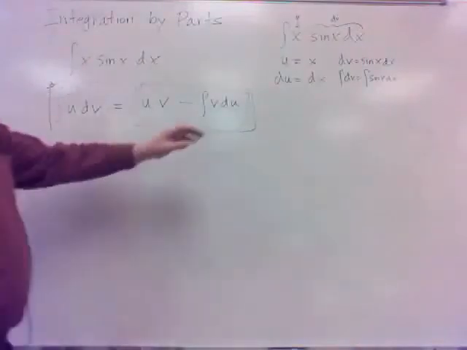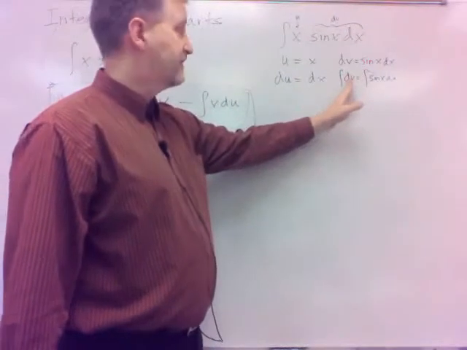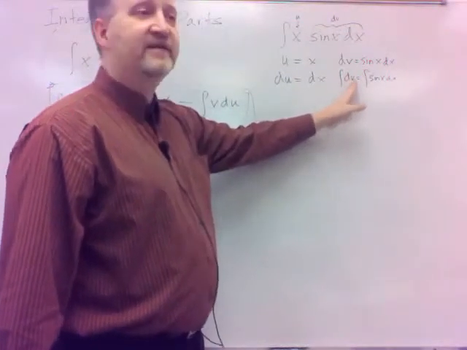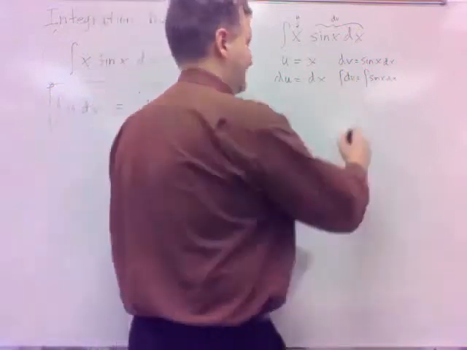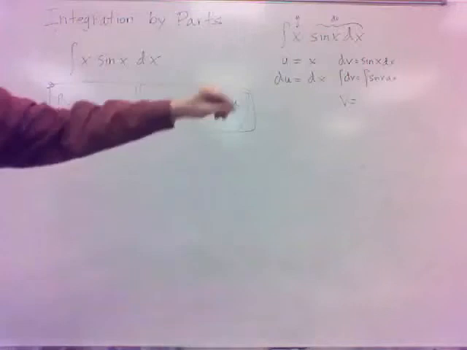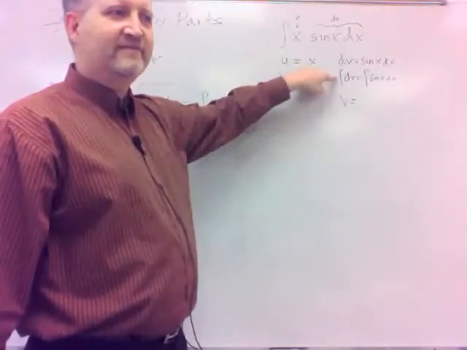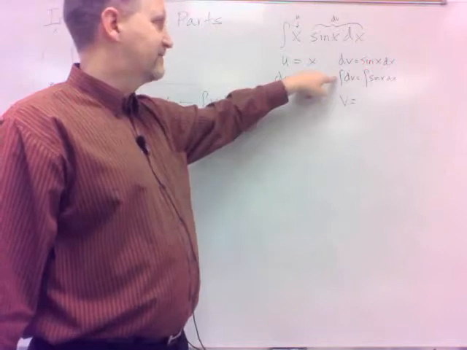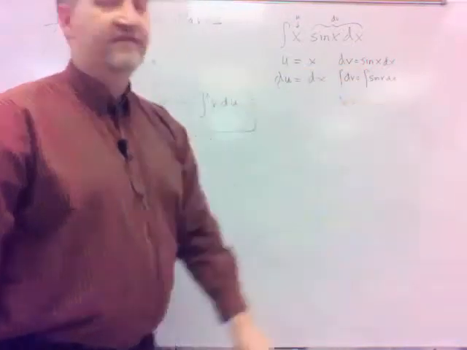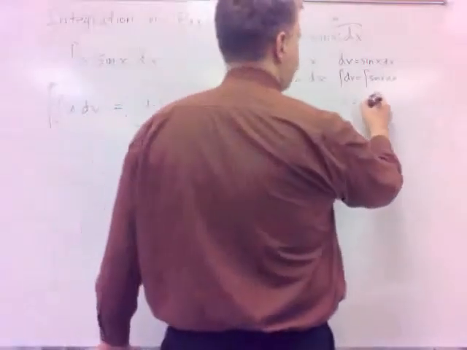Well, if I integrate just dv, in terms of v, what is the integral of dv? It's v. Yes. Okay. To get v out of dv, I integrate it. With me? Or take the antiderivative. I get v. Now, what's the integral of sine of x dx? Cosine? Negative?